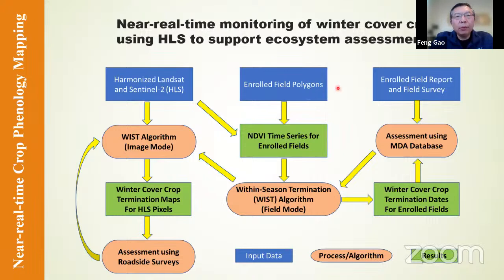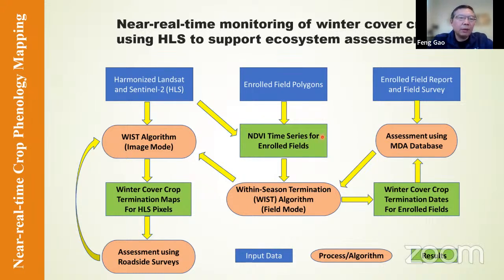We have enrolled field polygons, those reported and enrolled by farmers. And we also have the report. So we run the WACS algorithm. We have 2 modes. One is image mode, which processes individual pixels, so we can make the winter cover crop termination map. We can also aggregate the field data and generate an NDVI time series for the enrolled fields.